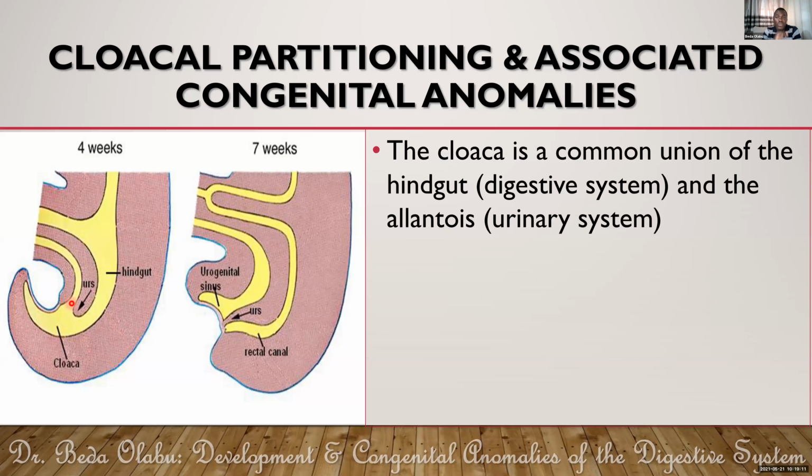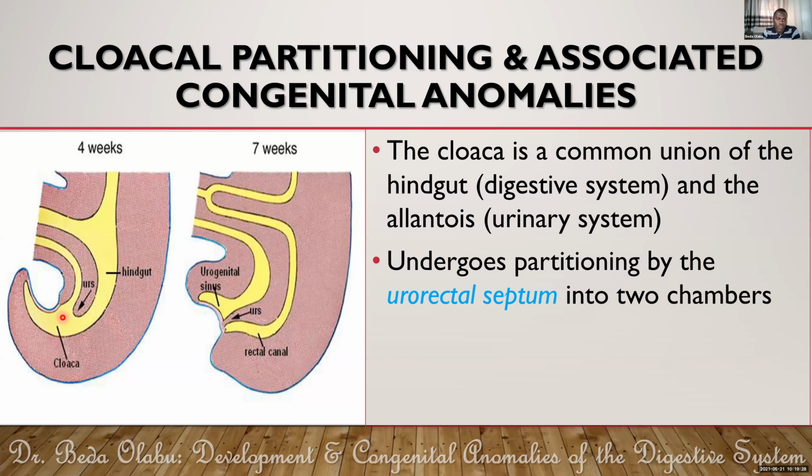So it's a common union for stool and urine. In mammals, and you are one, the cloaca is partitioned. The structure that partitions the cloaca is called the urorectal septum. You may have talked about it already when you developed the urinary system.